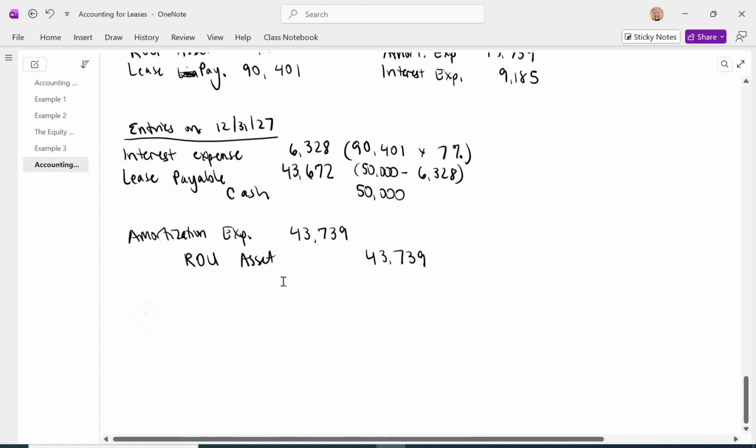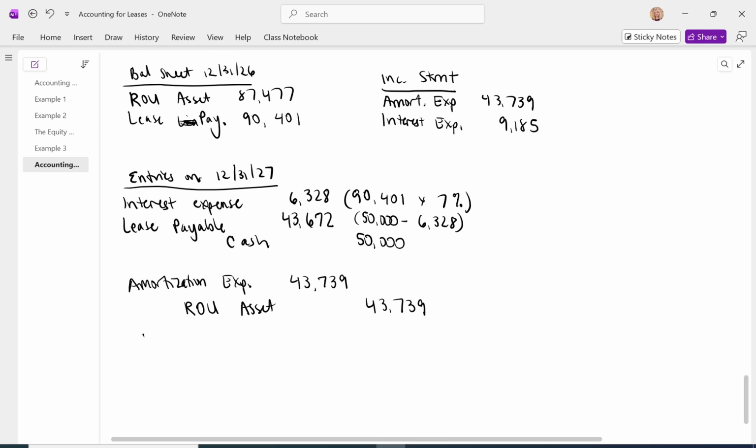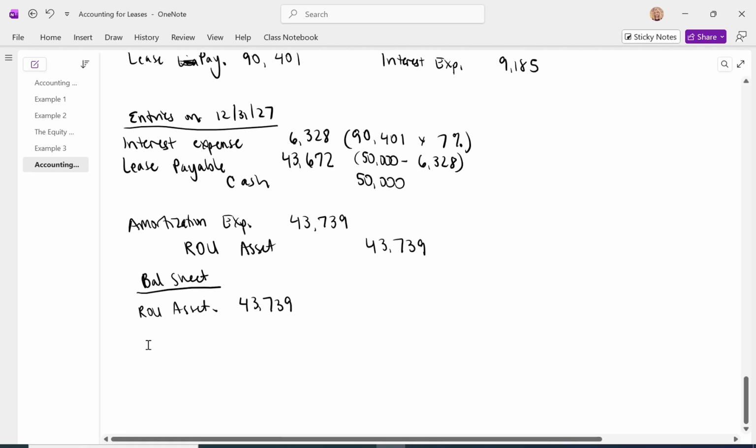So after these entries are recorded, what's going to be reported on the balance sheet and on the income statement? We're going to have a right of use asset, we said the balance was 43,739, and we have the lease payable.